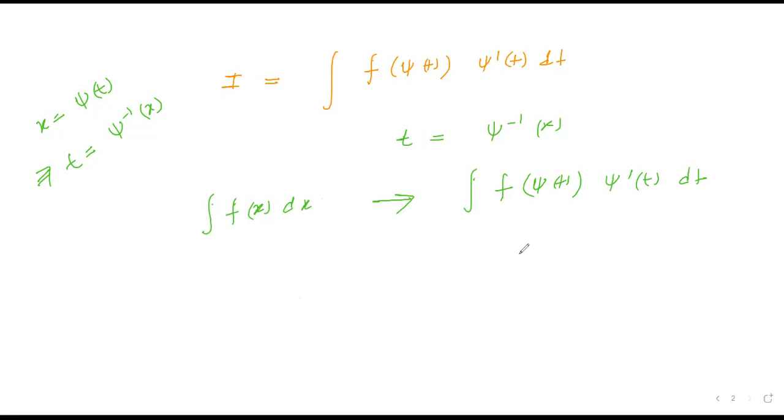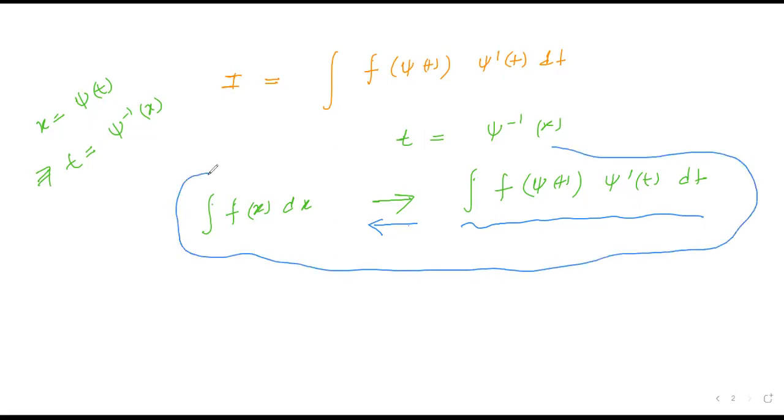Similarly, if you want to integrate this one, then you have to opt for the reverse approach. Basically you put psi t equal to x, then it will become f of x dx. So you can use this technique in reverse order also.